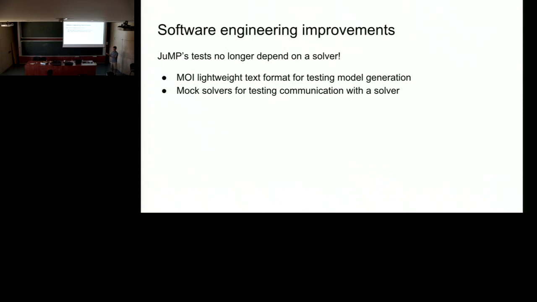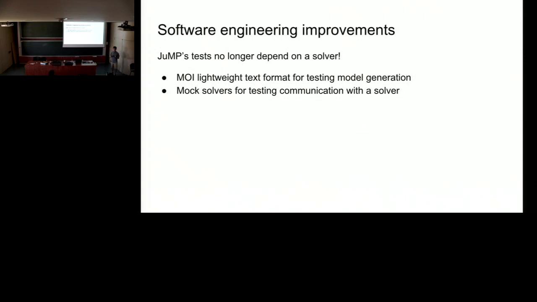I can work on JuMP and set up JuMP to work without caring about the current state of GLPK.jl. It's also nice because when testing the current JuMP 0.18, sometimes a solver might return a slightly weird answer, and that causes JuMP's tests to fail. And that's really not what we're meant to be testing in JuMP.